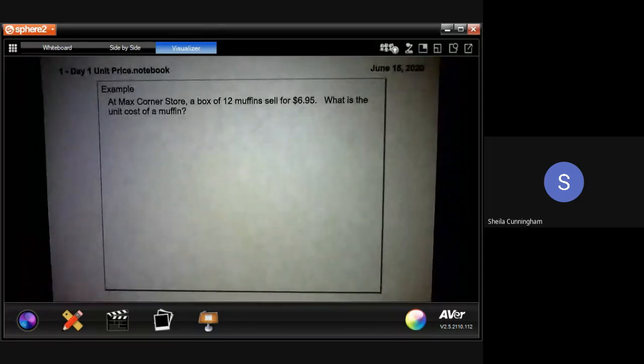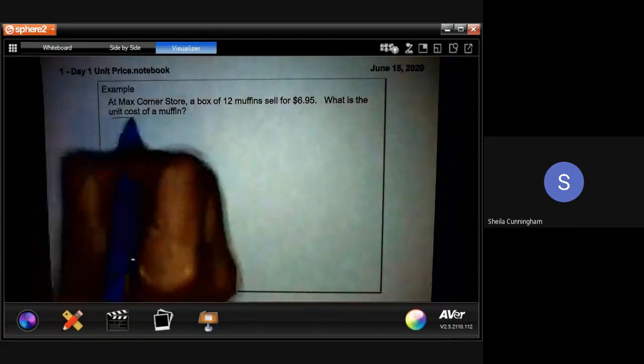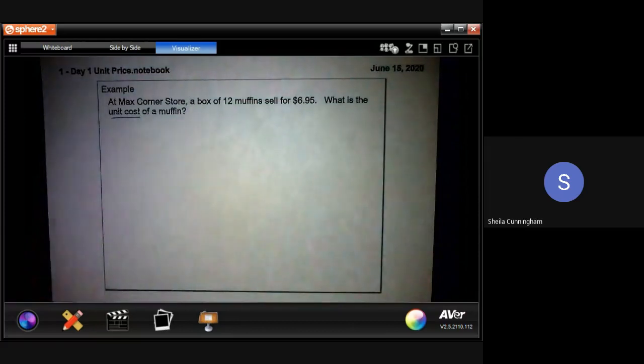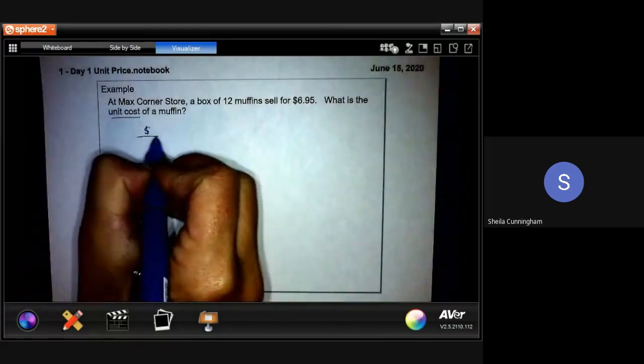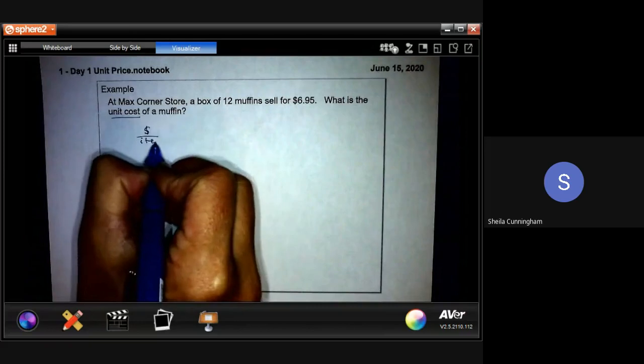At Mac's Corner Store, there's a box of 12 muffins that sell for $6.95. We want to know the unit cost of a muffin. Unit cost, unit price, it all means the same thing: you're looking for the cost of 1. So same thing, I set up my dollars over my number of items.